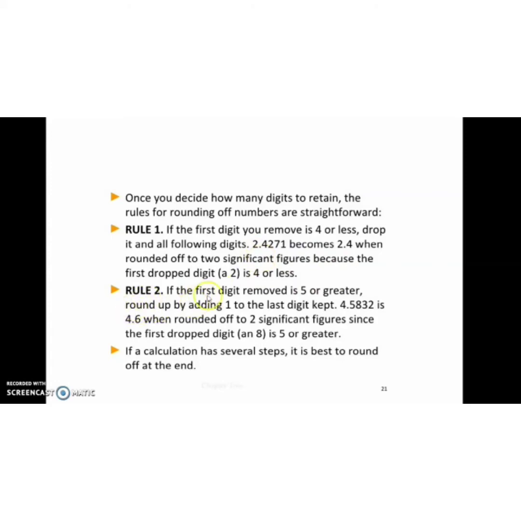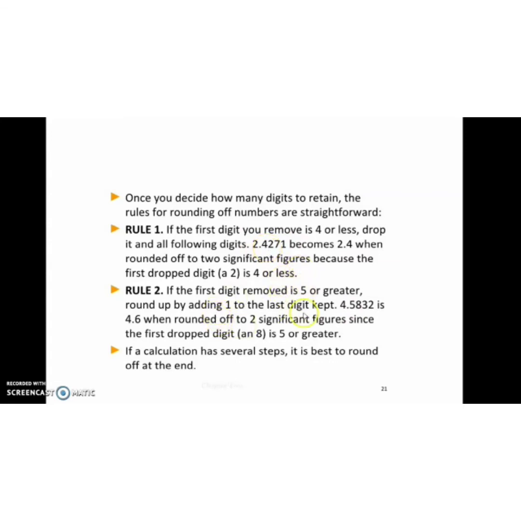Next rule is, if the first digit removed is 5 or greater. For example, you have to take the first 2 decimal places, and if the digit after them is 5 or greater, you round up; otherwise you just remove the other digits and drop to 2.4 itself.